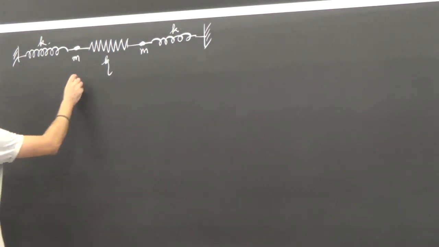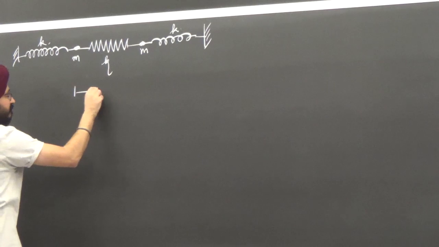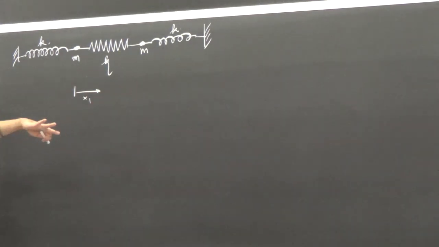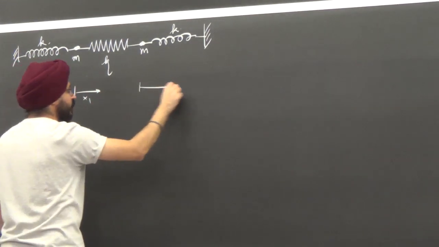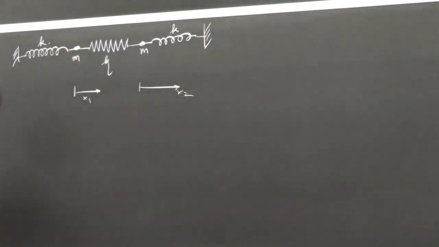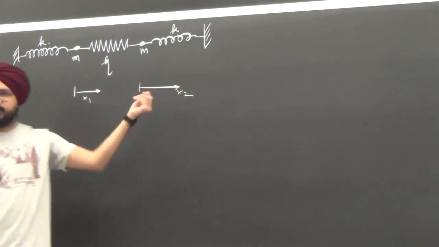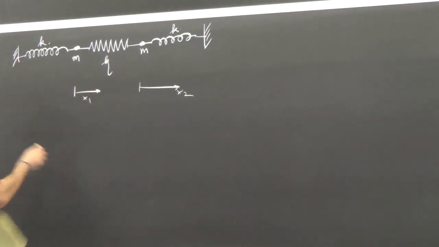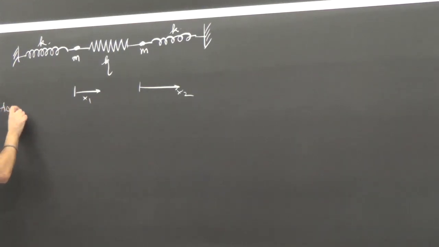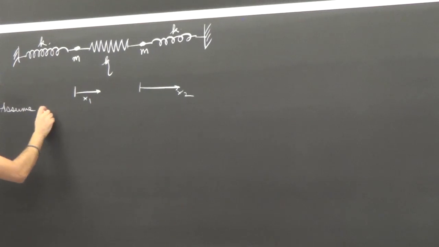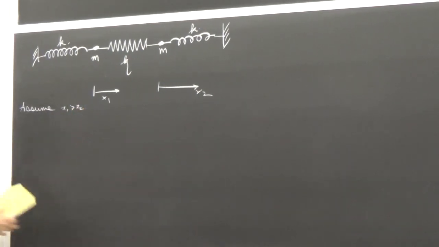Assume that the first particle went over equilibrium by x1, and the second particle went over equilibrium by, let's say, x2. You might say springs could be compressed or elongated depending on which one is larger. Let's assume, for the sake of my equations, that x1 is more than x2.